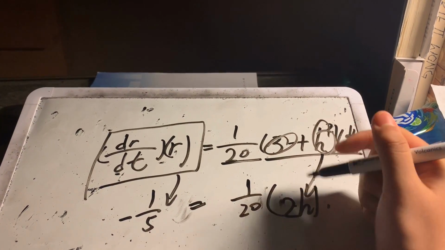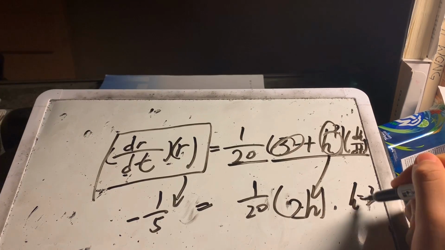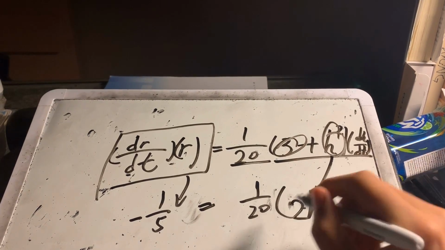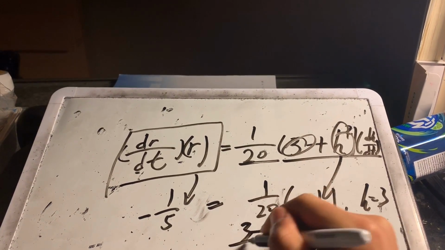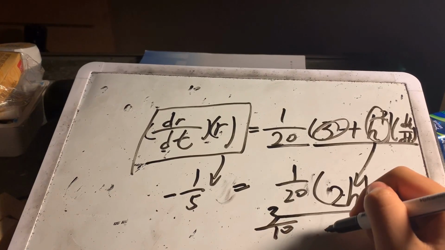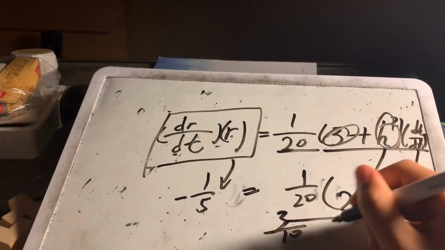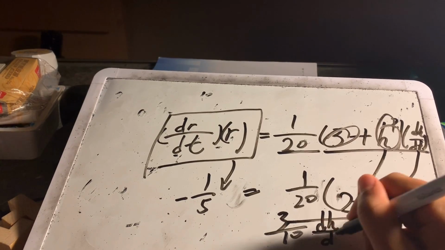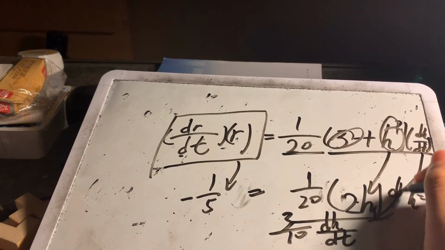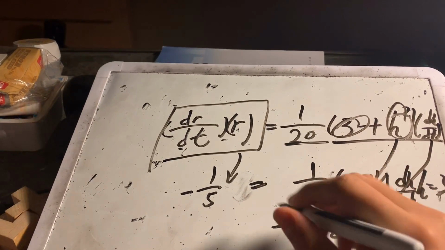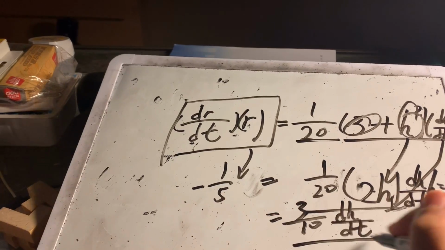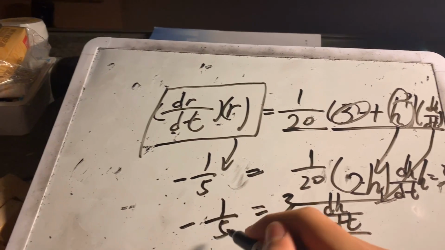And since from the problem we know that h is equal to 3, this side is going to be 3 divided by 10. And for this side, we are required to find this. I forgot this here. So we require to find this as the right side and this as the left side.